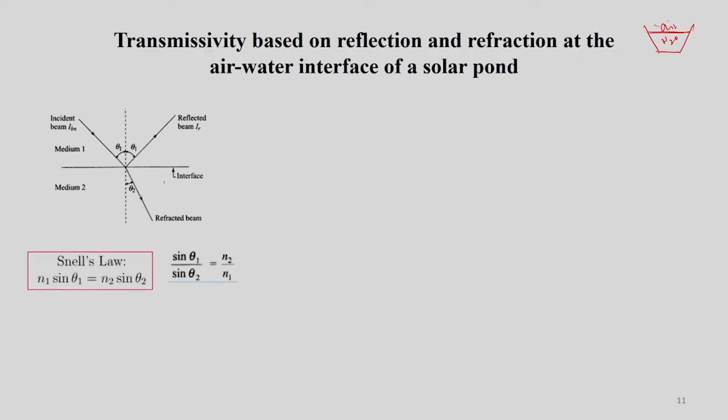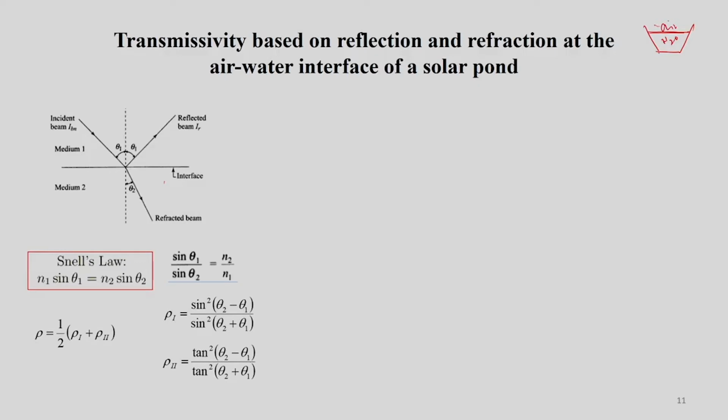Okay, the same principle can be applied here. So if we know the refractive index of water with respect to air, which is nothing but 1.33, and theta 1 is known, then theta 2 can be calculated. So the same principle which we followed for the design of a flat plate collector can be applied here. And also we know these two components of polarization.